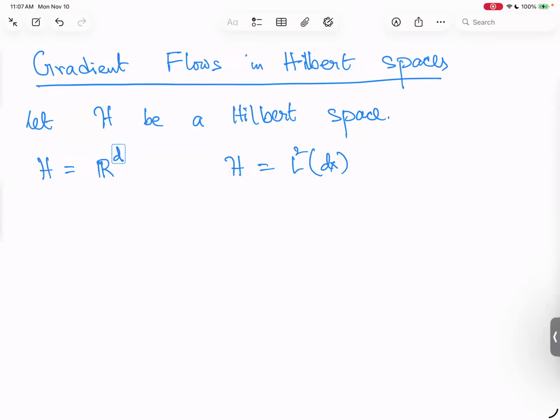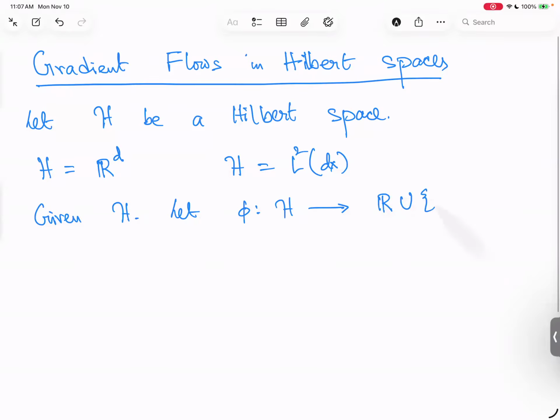And so I'm given H. Let phi be a function from H to R union infinity. Now, whenever I'm dealing with these infinite dimensional Hilbert spaces, I really need to specify this infinity.